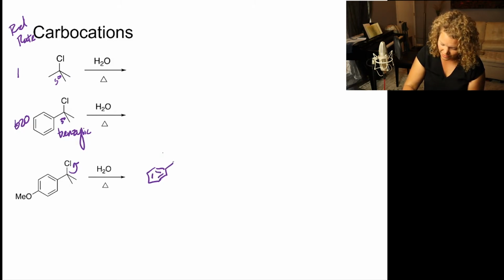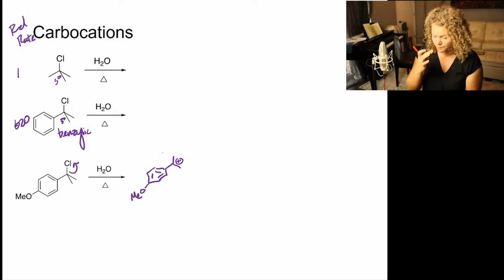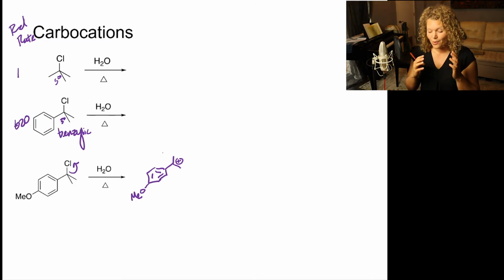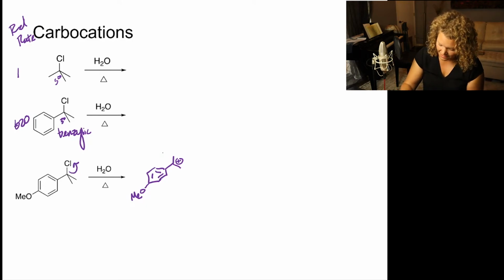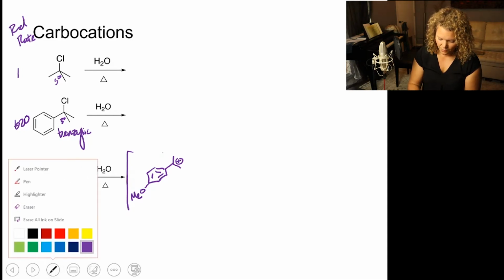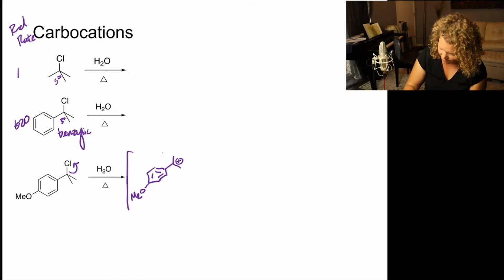We are going to be using some of the concepts that we learned in our electrophilic aromatic substitution work. So here we've got a benzylic carbocation. Let's dive in and look at our resonance structures for this. We're going to use a lot of the same things that we've learned before.